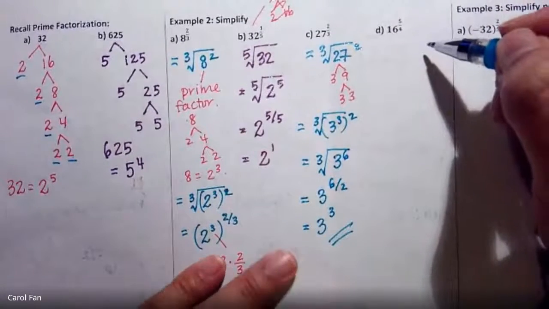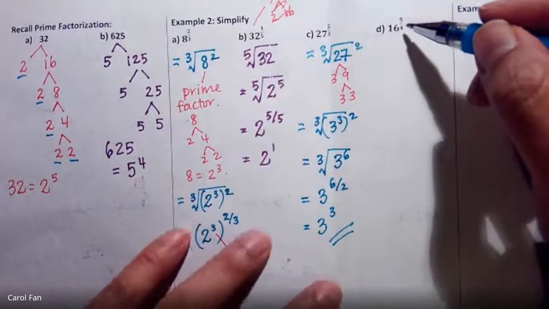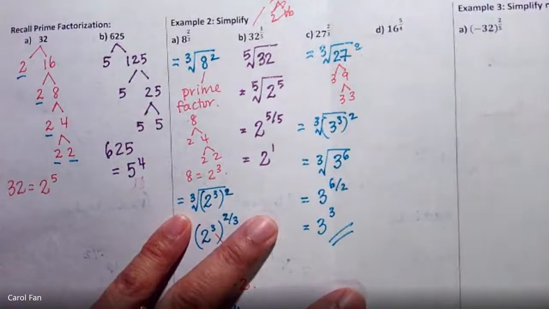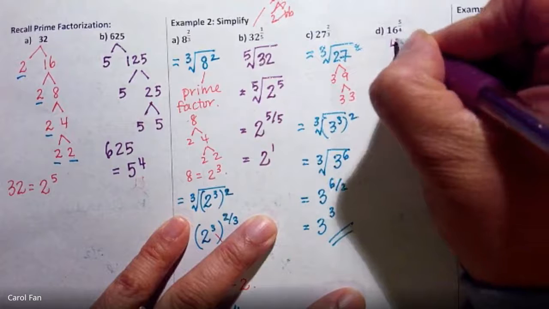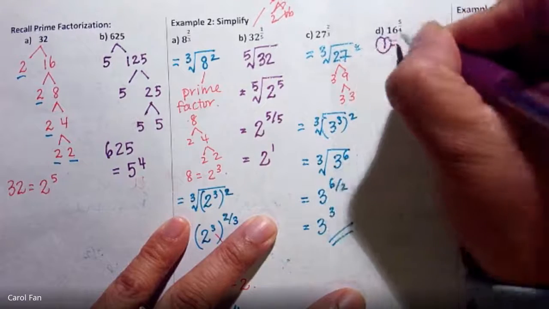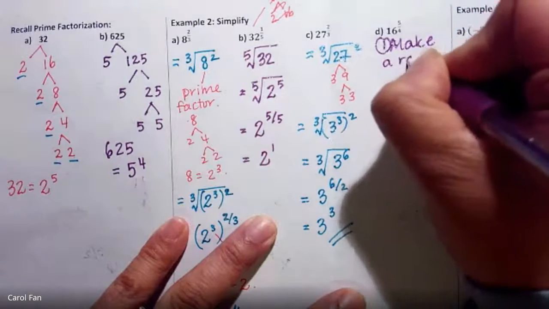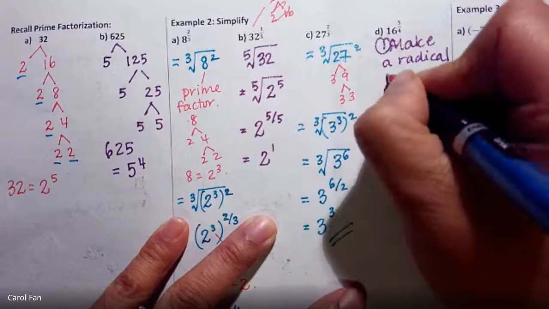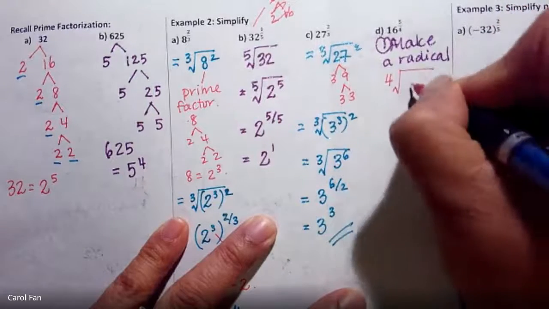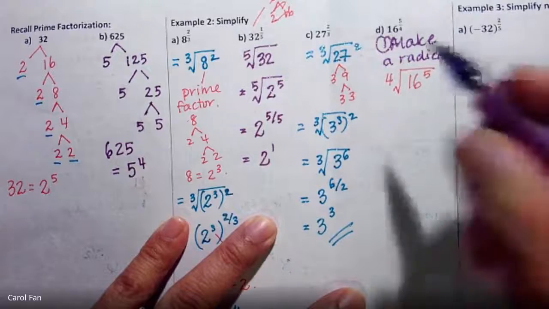Our last part of this example, we have 16 to the power of 5 over 4. First, let's make it into our radical. So I'm going to write the steps. Make a radical. So in our radical, we have the 4th root of 16 to the power 5.